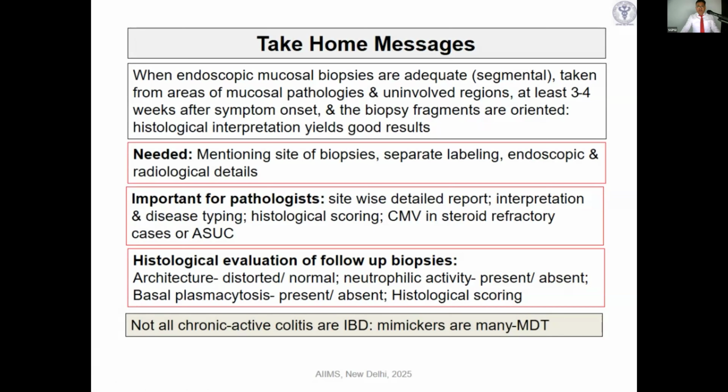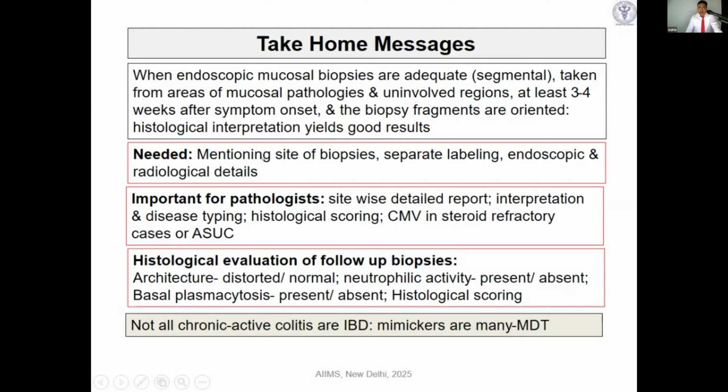So what we learned today, we have some criteria that you have to discuss with the gastroenterology colleagues: the endoscopic mucosal biopsies should be adequate, taken segmentally from areas of mucosal pathology as well as uninvolved regions, at least 3 to 4 weeks after symptom onset. That helps because, as I said, the histological architectural abnormality usually appears after a month or so, and the biopsy fragments should be oriented. Histological interpretation in those cases yields good results.